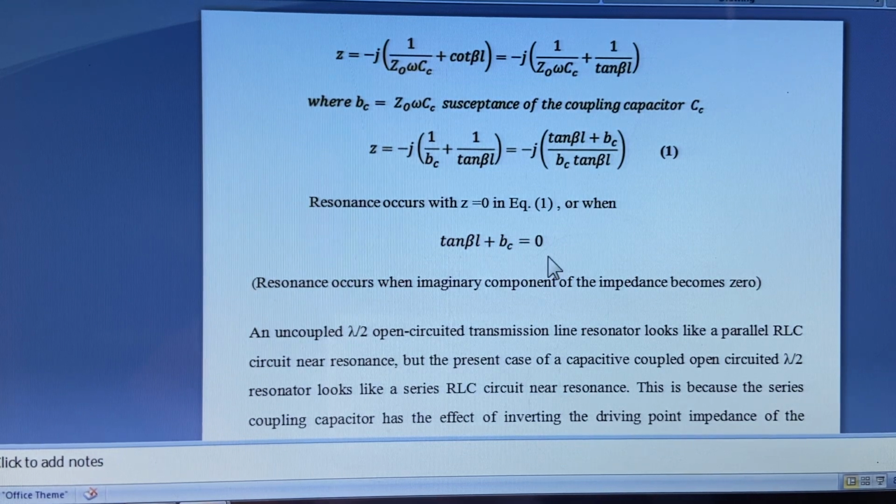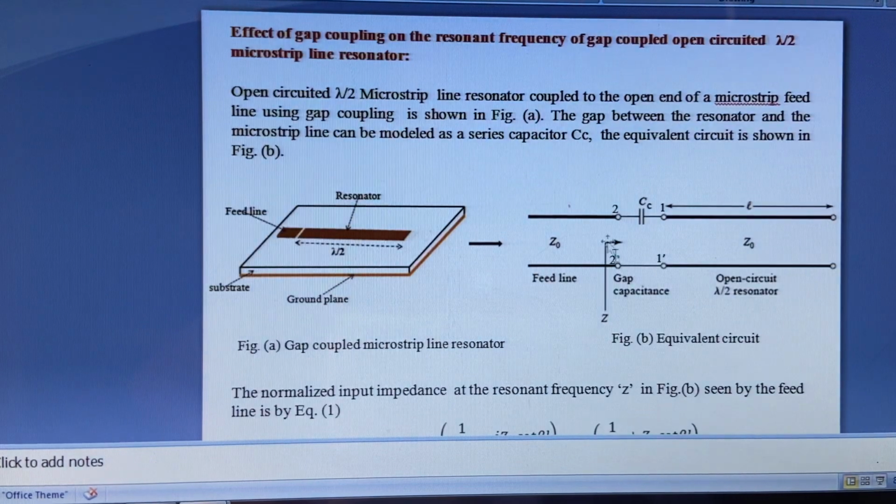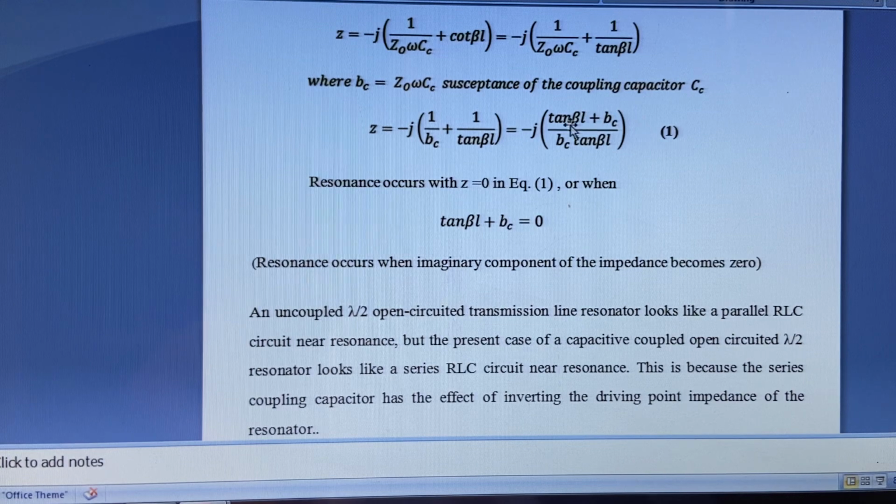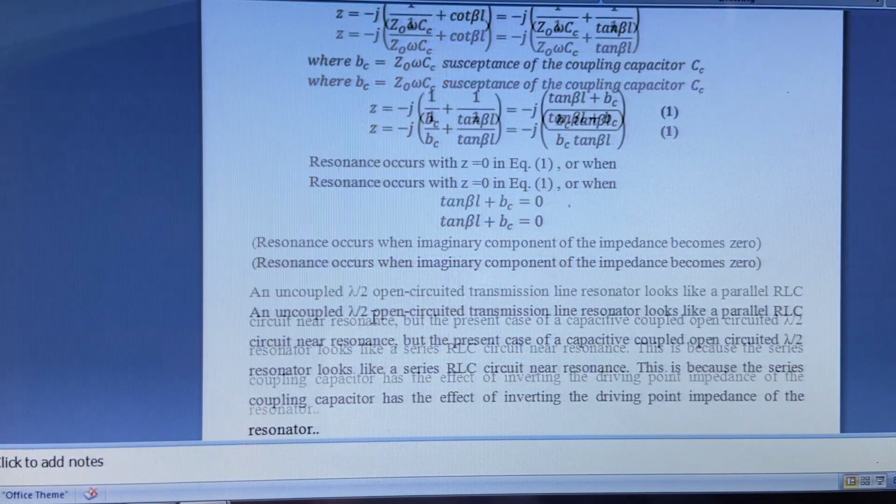In the case of an uncoupled resonator, only tan beta L must be equal to 0 to get the resonance. But in a coupled line like this, because of this Cc, to get a resonance, the numerator of this equation must be equal to 0. This is a reactance here, and that must be equal to 0. Then we will be getting the resonance. So at the resonant frequency, this is the equation.